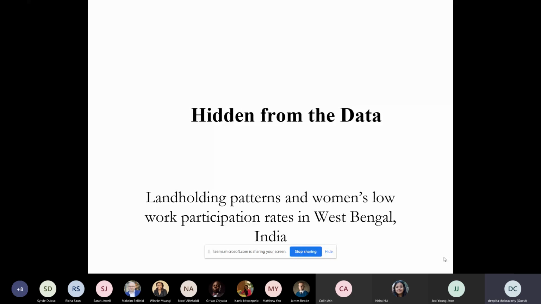discussion. So the title of this paper is Hidden from Data, Landholding Patterns and Women's Low Work Participation Rates in West Bengal, India. Now, while the central focus of this paper is West Bengal, one of the states of India, I'm actually going to take a comparative frame of a few other states.